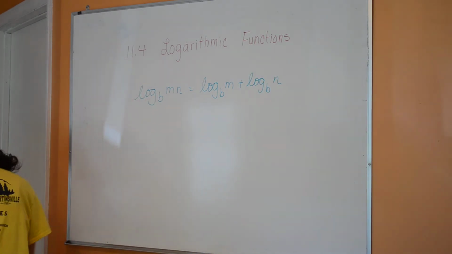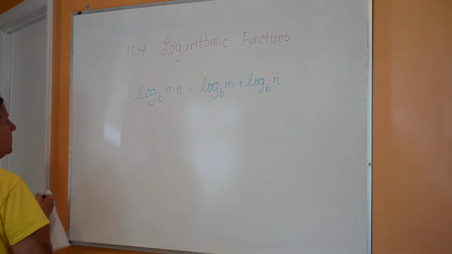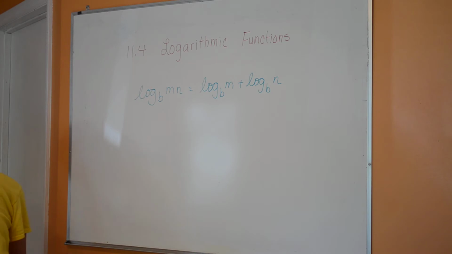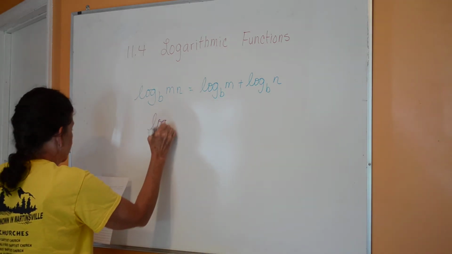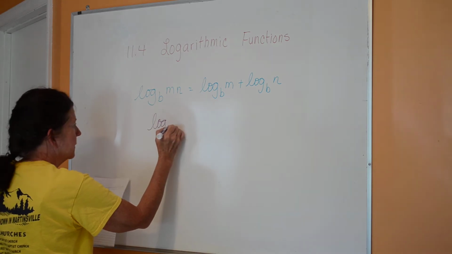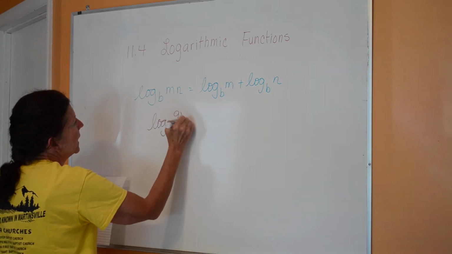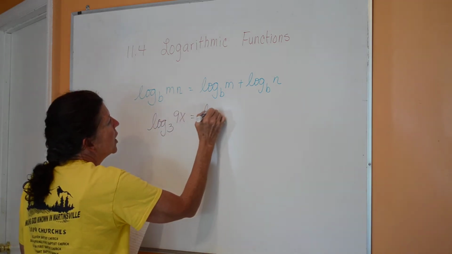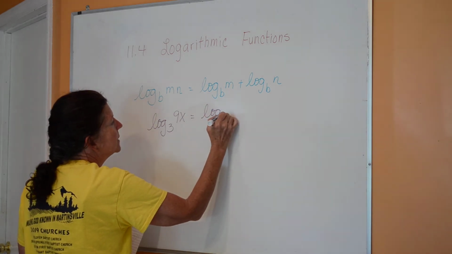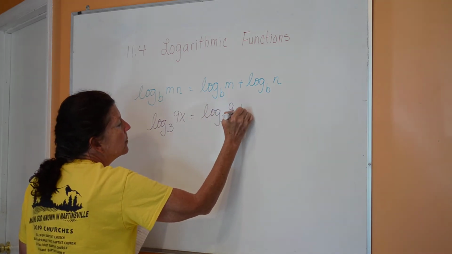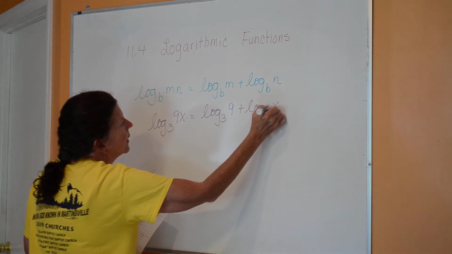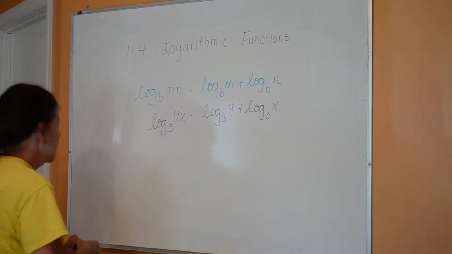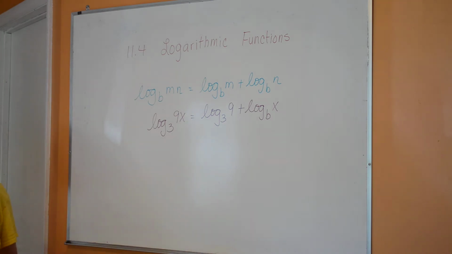So if I put some numbers in there, the log of base 3 of 9x would equal the log of base 3 of 9 plus the log of base 3 of x. Okay?